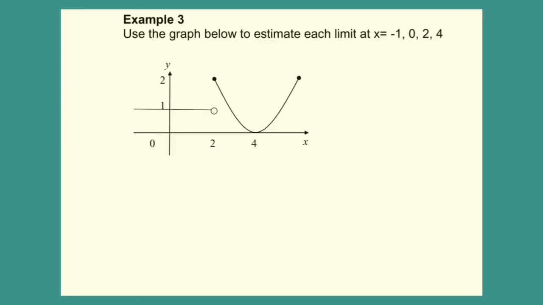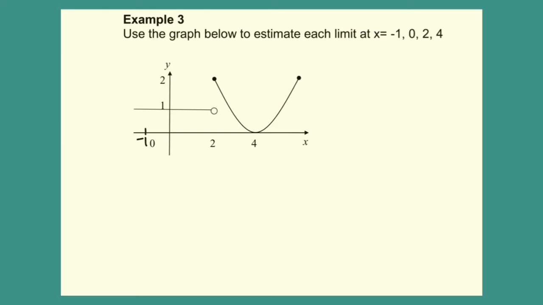Apart from calculation, we can find limit for the function from a graph. Now look at example 3. Use the graph below to estimate each limit at x equal to -1, 0, 2, and 4. Now look at the graph at x equal to -1. Negative 1 is here.